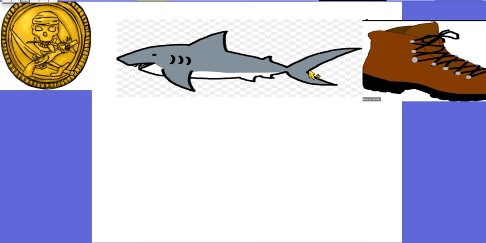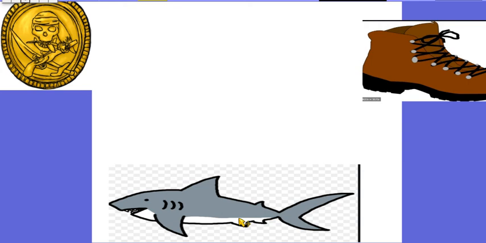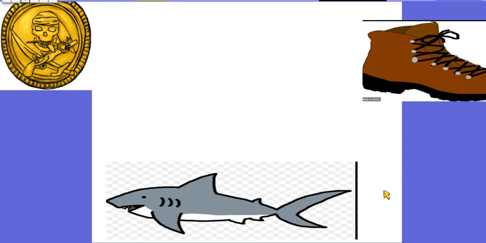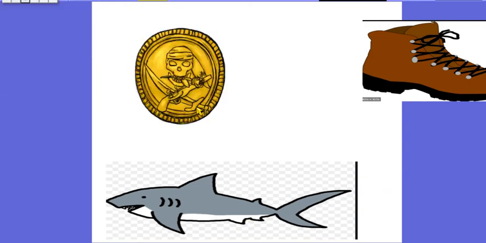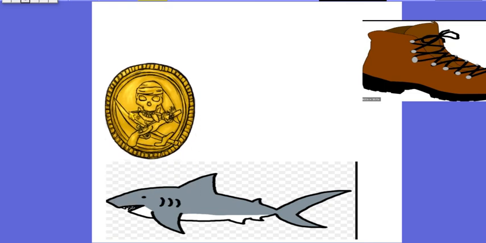So I'm going to have a quick look at these three objects. I've got a treasure coin, a shark and an old boot. I'm going to see which one I think is the longest first of all. I'm going to move that one first. I think the shark is going to be the longest. I'm going to put that one down here. And I think the coin is going to be the shortest. Now if I line them up so that they start at the same place, then I can make sure that I'm comparing them fairly.